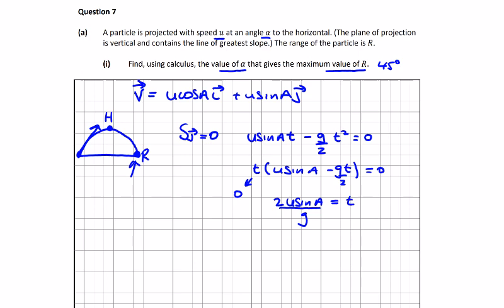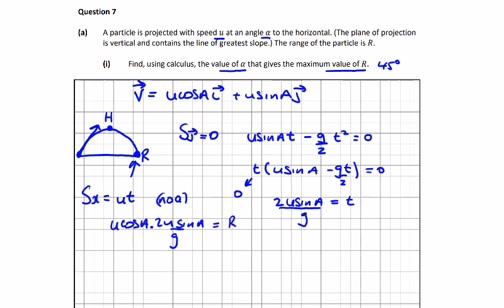That's the time taken. And displacement in the x direction, or the i direction, is equal to ut. There's no acceleration. So u cos alpha times 2u sin alpha over g is going to be equal to the range.